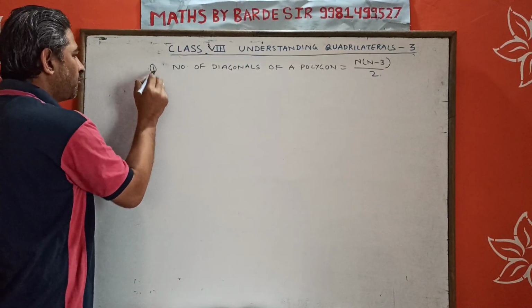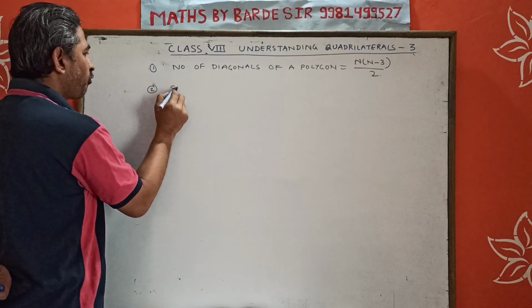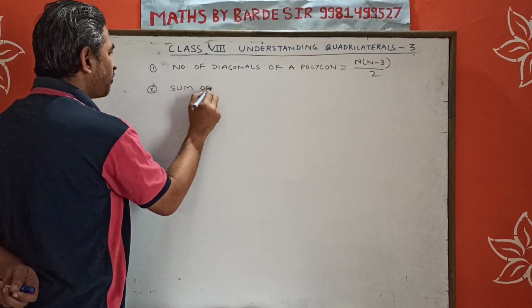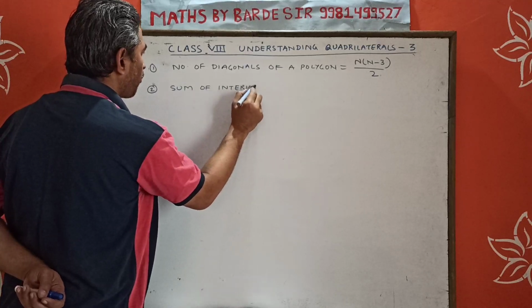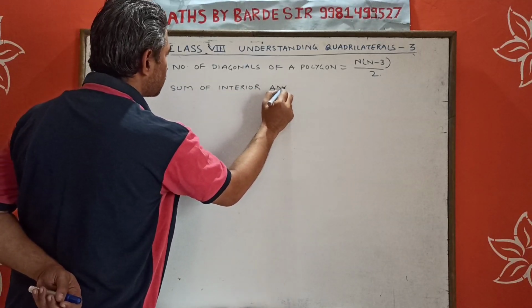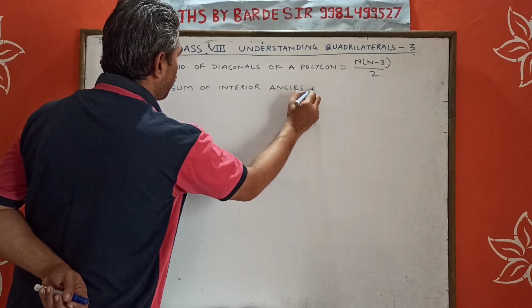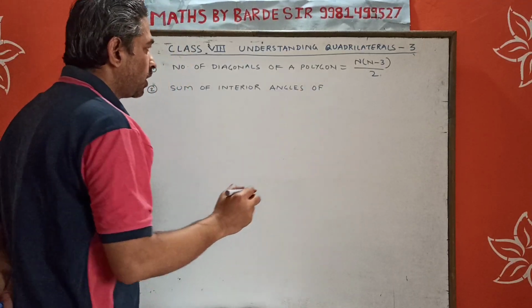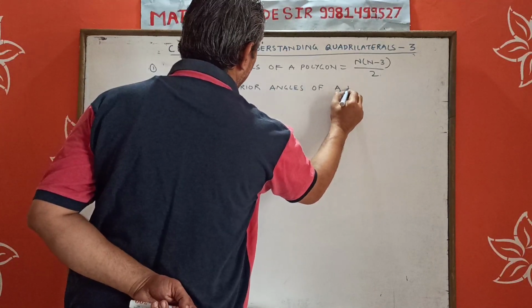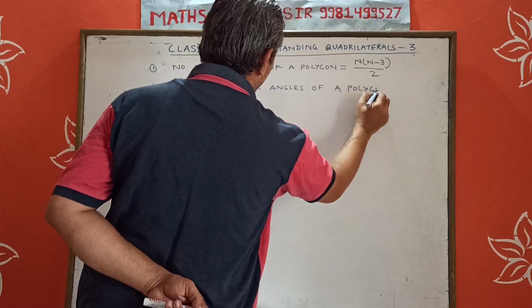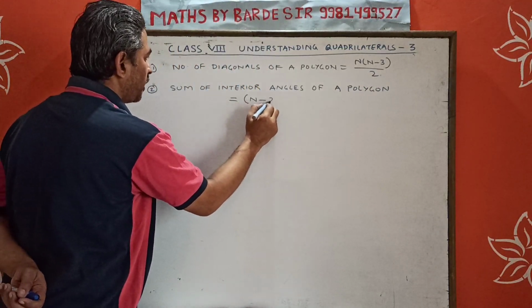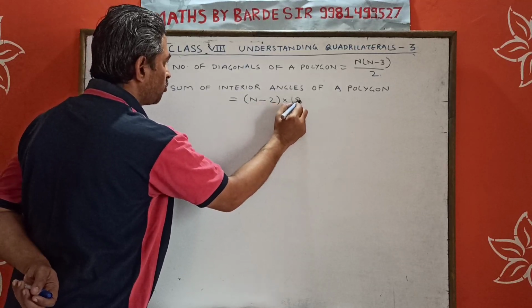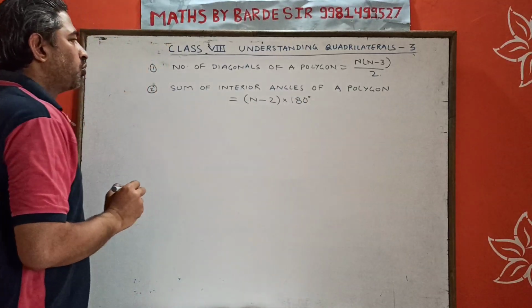Number 2: the sum of interior angles of a polygon is equal to (n - 2) times 180 degrees.